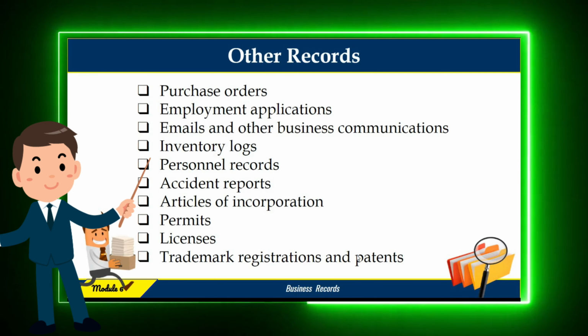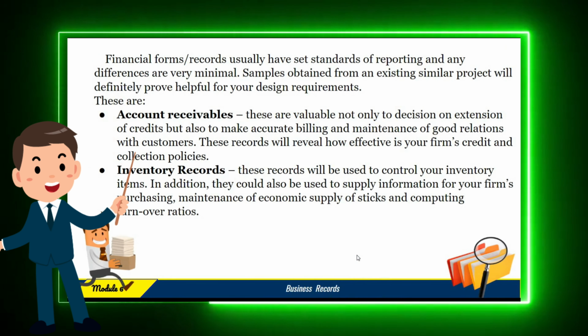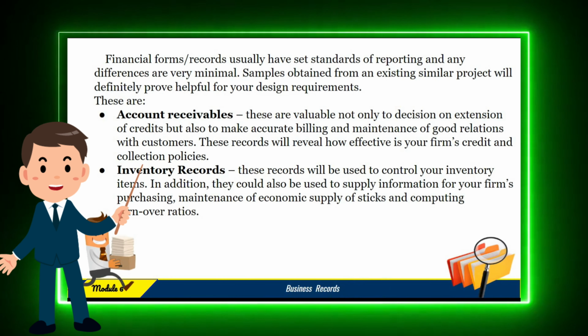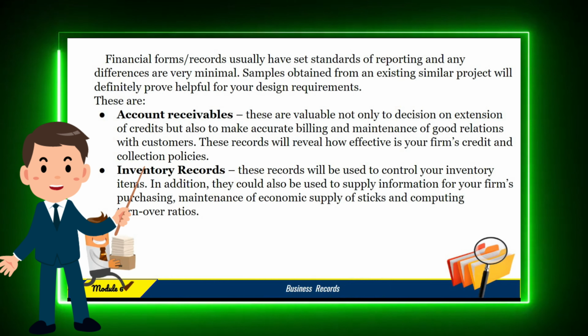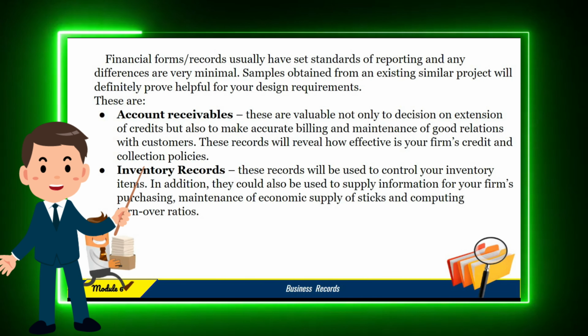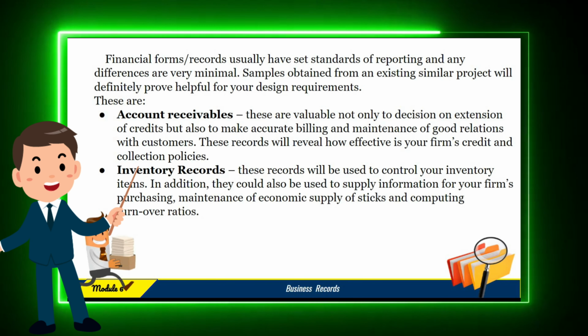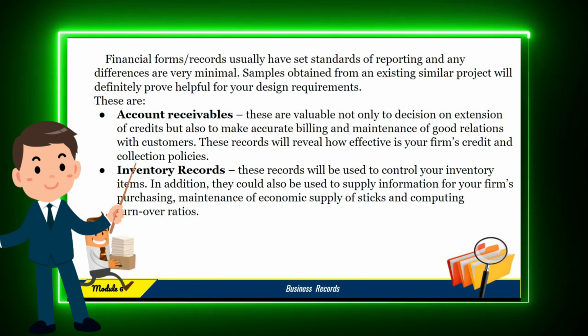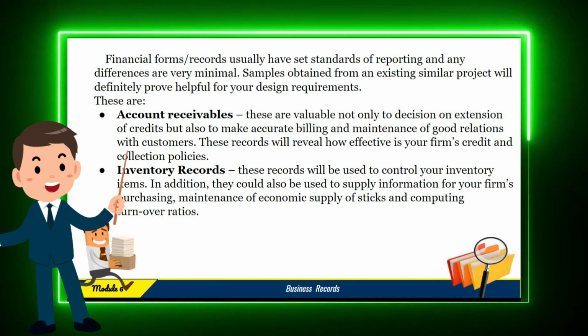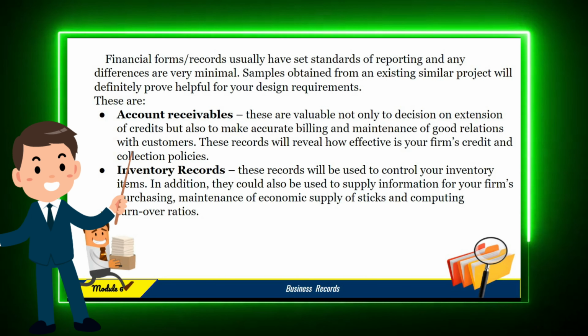Next one, financial forms or records usually have set standards of reporting, and any differences are very minimal. Samples obtained from an existing similar project will definitely prove helpful for your design requirements. So for example, number one is accounts receivable.